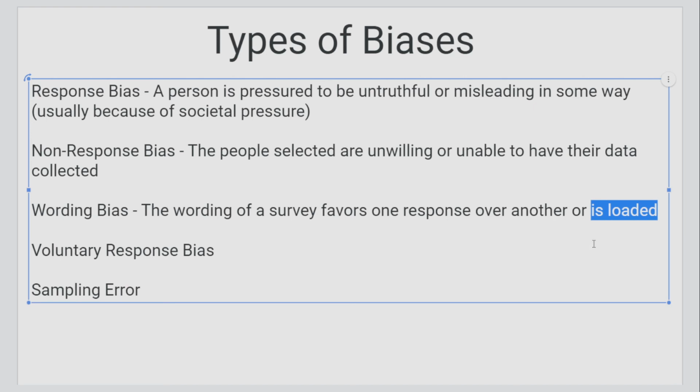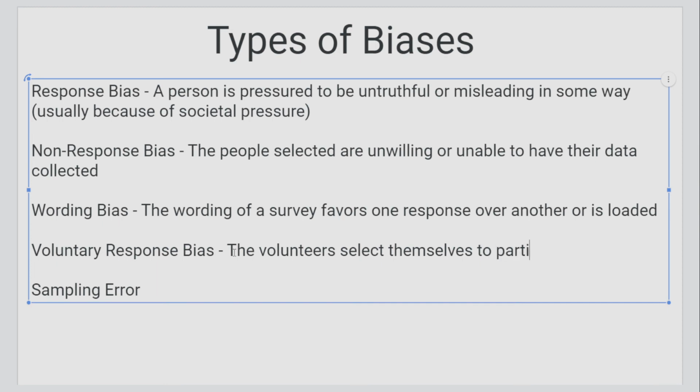Okay, two more. Voluntary response bias. A voluntary response bias is when volunteers select themselves to participate. Now, the danger of this is that for a voluntary response bias, usually you will get people that feel extremely strongly about something.